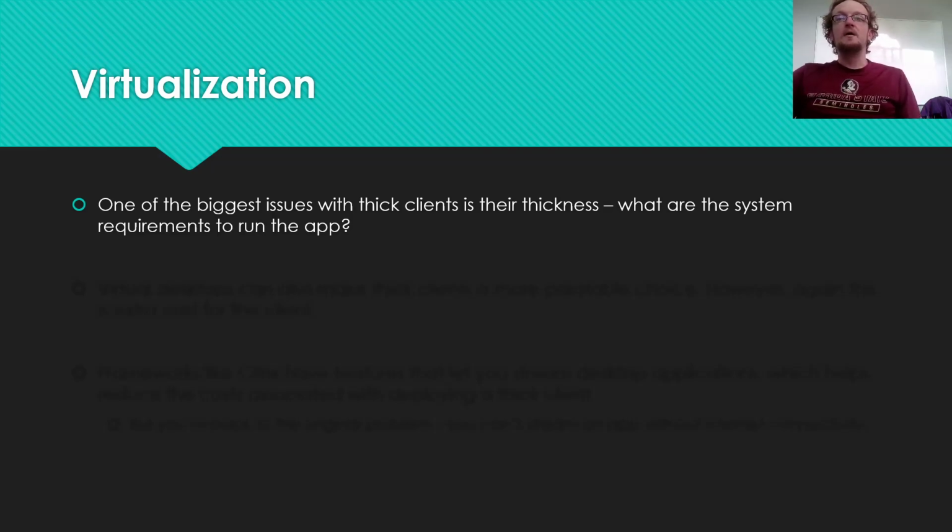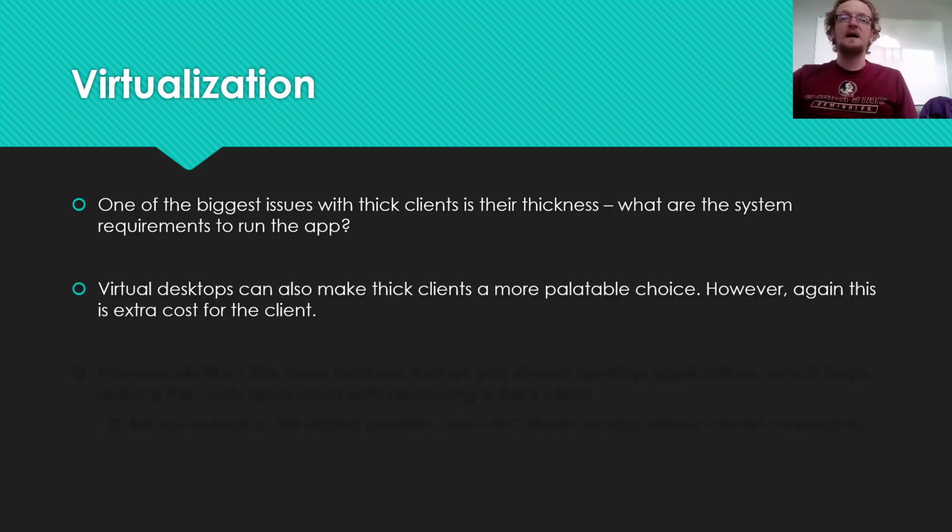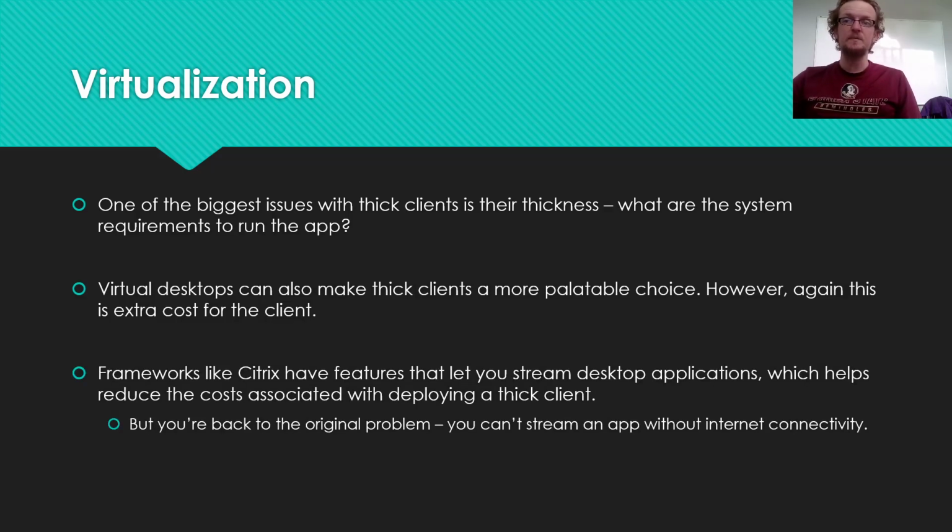And so you need better system requirements to run thick clients. Virtualization can make that an easier experience, so you can use something like Citrix to mitigate the need for really high-powered machines by having a Citrix server that then just delegates resources to an individual user.